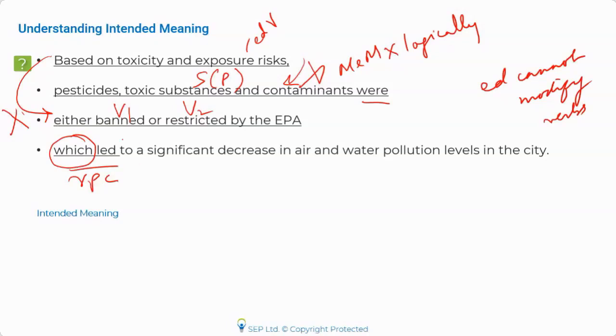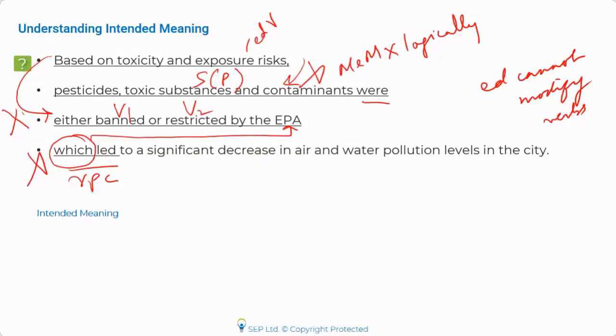What led to a significant decrease? Now, which is placed right next to EPA. So, are we saying the EPA led to a significant decrease in air and water pollution? No, EPA did not lead to a decrease. It is this ban and restriction. The outcome of that is that there was a significant decrease in air and water pollution level. So this is again wrongly modifying EPA.